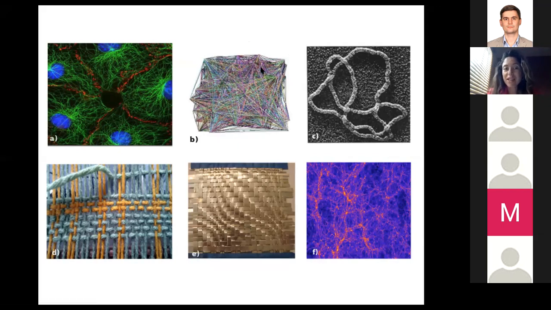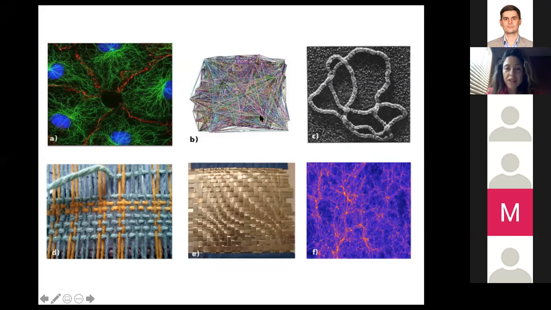All these can get entangled, and the presence of entanglement affects their function and their mechanical properties. I bring your attention also to C, this is a microscopy image of DNA. In this case, it's a circular DNA, so it is tying a knot.